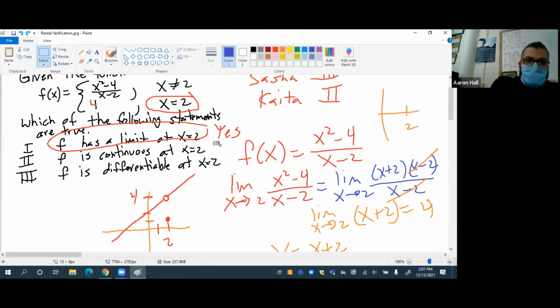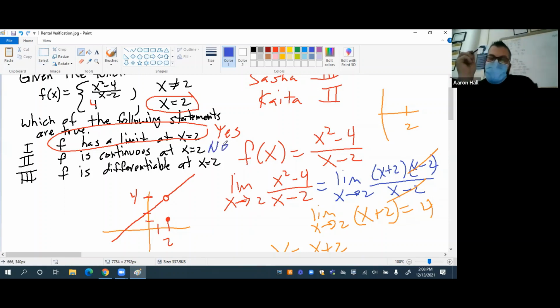A simple definition of continuity is if I can draw a line without lifting up my pen. Once I lift up my pen right here, then it's discontinuous. So we have a removable point of discontinuity when x is 2.